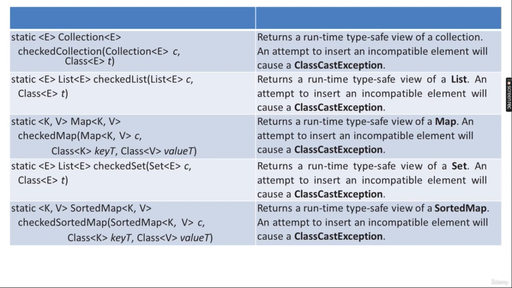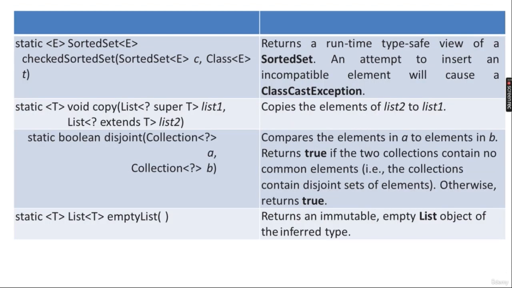Static E Set E checkedSet, Set E C, Class E T. Returns a runtime type safe view of the set, and an attempt to insert an incompatible element will throw a ClassCastException. Static K V SortedMap K V checkedSortedMap, SortedMap K V C, Class K keyType, Class V valueType. Returns a runtime type safe view of the sorted map, and an attempt to insert an incompatible element will cause a ClassCastException.